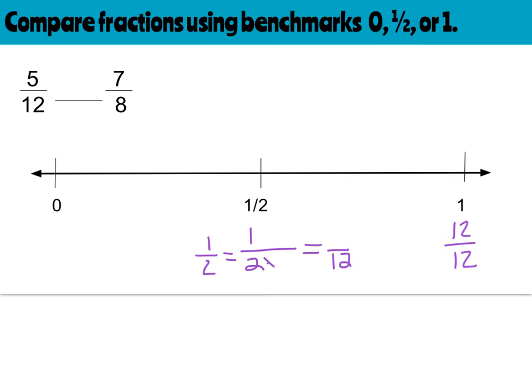So to go from halves to twelfths, I would have to multiply by 6 because 2 times 6 is 12. So if my number of units is going up by a multiple of 6, I also need to multiply my numerator, or total number of parts, by 6. So using multiplication, I find out that 1/2 equals 6/12.